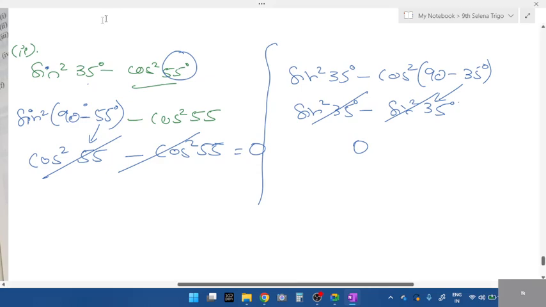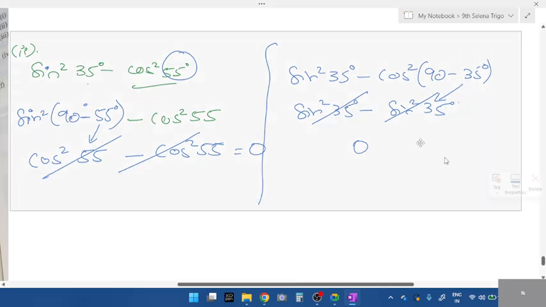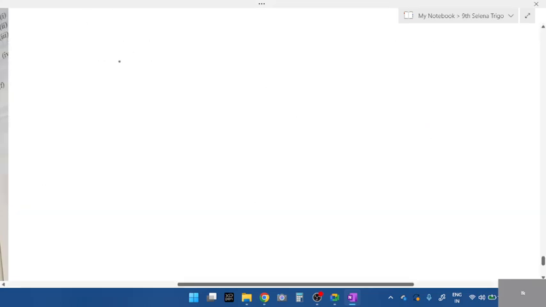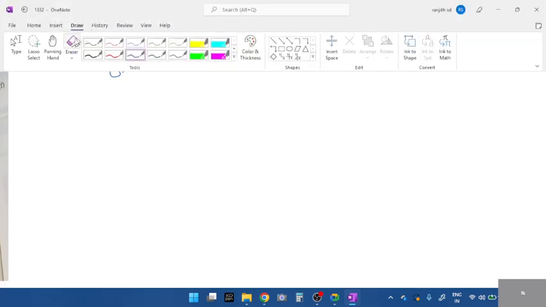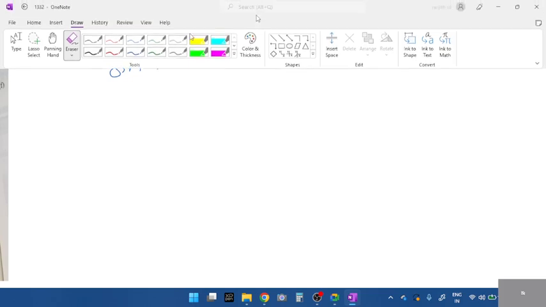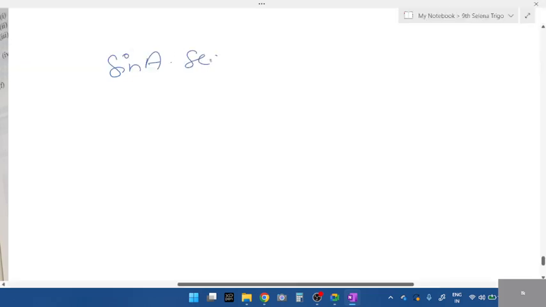Okay. Now, even unlike terms they might give. Unlike in the sense they would give sine A into sec 90 minus A. Let me take this as an example.